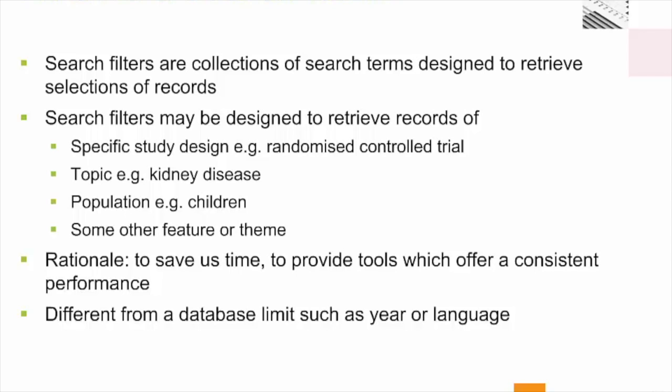And the other differential that I'd like to note at this stage is that search filters are probably different from the database limits that we find in databases. So search filters are sets of search terms. Database limits are operational facilities within databases, such as the ability to limit by year or language.